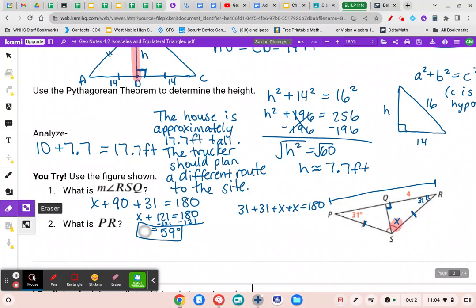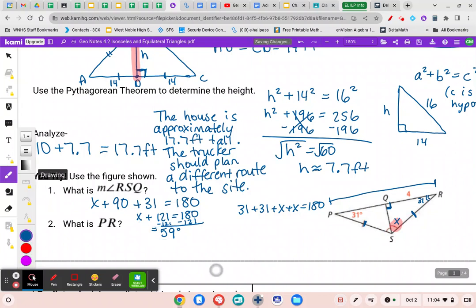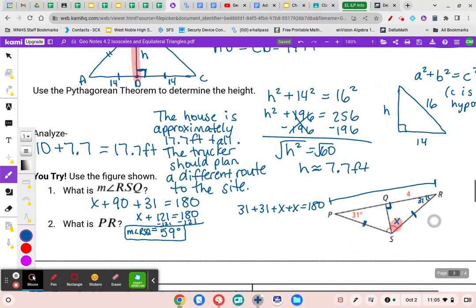The measure of angle RSQ, because that's really what I was solving for. And then PR, since we already decided that this is a perpendicular bisector, I know that PQ is also 4 units, so I just add PQ and QR, and I get that PR is 8 units.